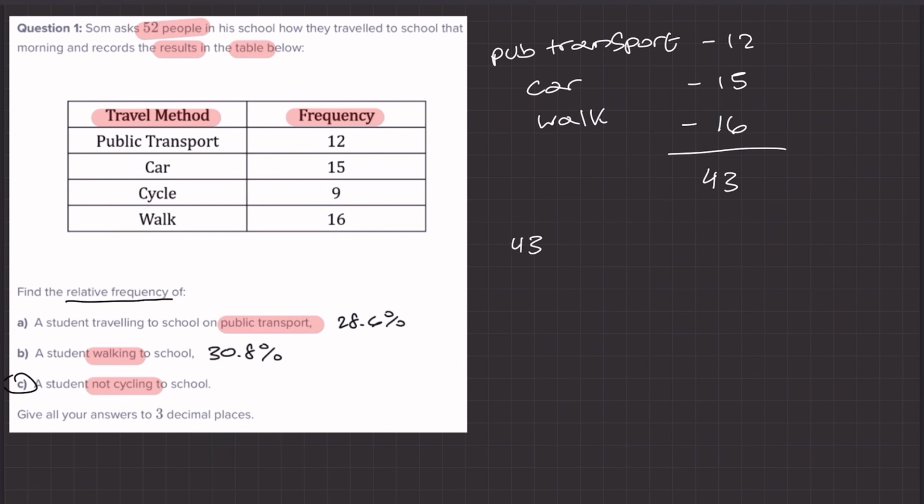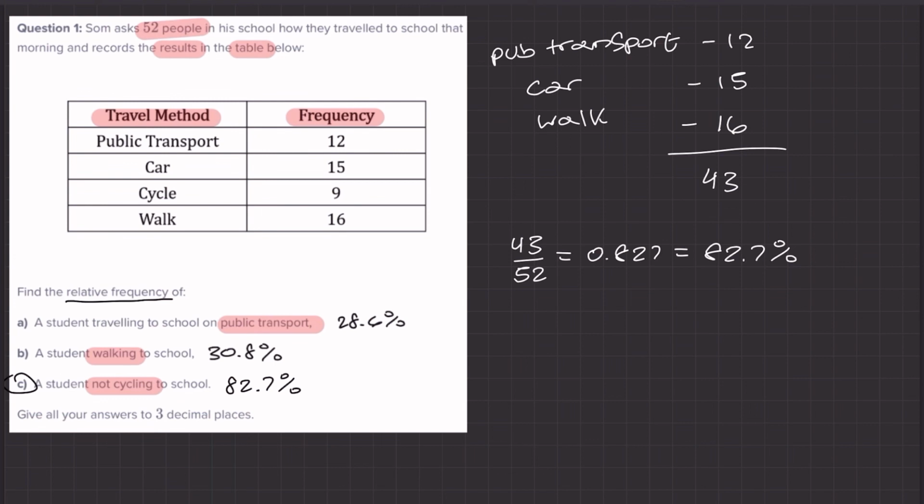So we have 43 out of 52 for our fraction, and I'm putting that in my calculator as well, and that gives me 0.827. And I can turn that into a percentage as well, 82.7%. So the relative frequency of a student not cycling to school is 82.7%. Or we can leave our answers as decimals.